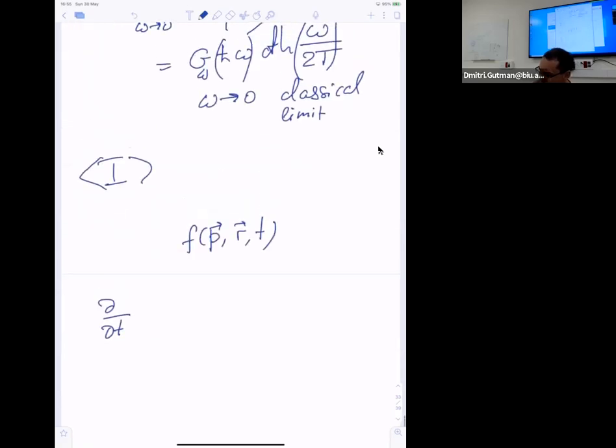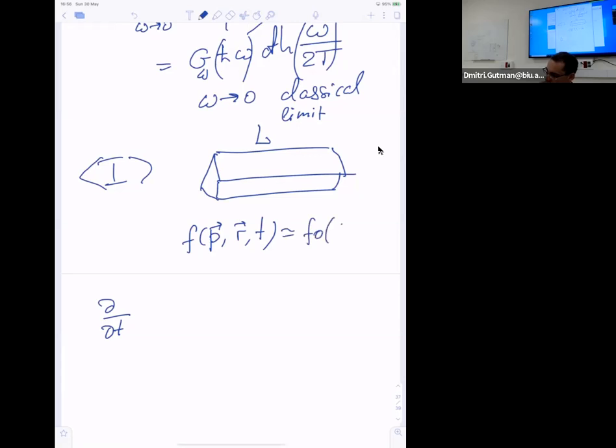Let's think for simplicity about a sample which is quasi one-dimensional. It means that the sample is long, it has a finite length, and the length is much longer than its width. Then the average part of the distribution function with respect to the momentum is called the lowest harmonic.